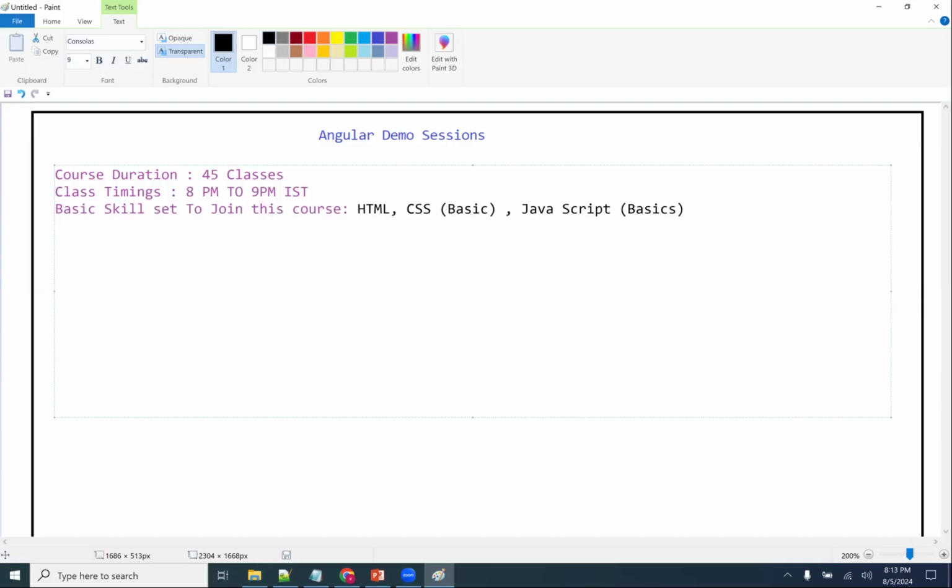Also a web application overview: whenever we type something on a web application, how the request is getting processed, all those things. These are the minimum things I require, guys: HTML, JavaScript, and CSS. That's it.